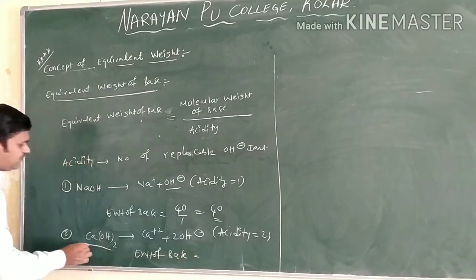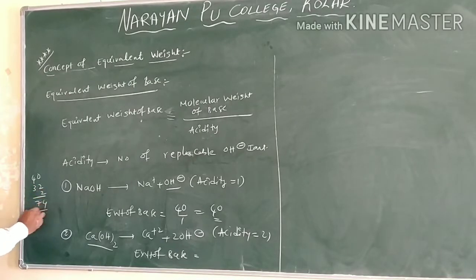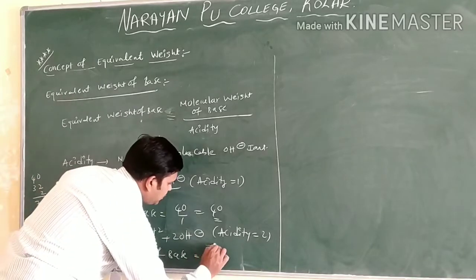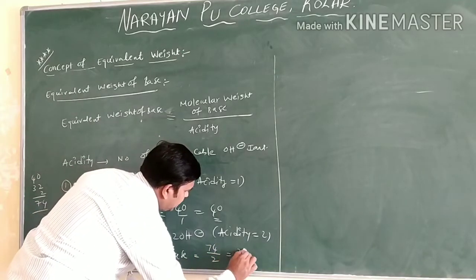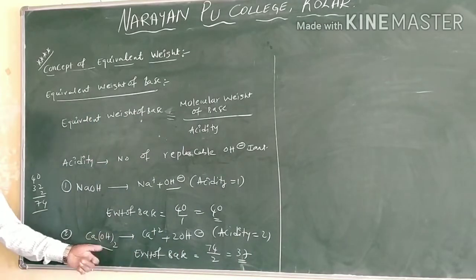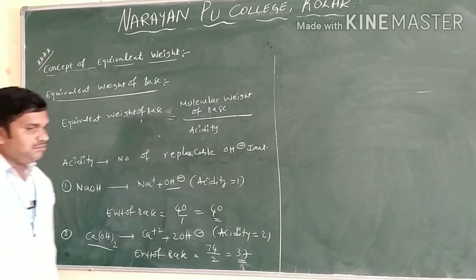What is the molecular weight of calcium hydroxide? Calcium we have 40 and 2 oxygens, 2 oxygens means 32, and 2 hydrogens, 2. That is 74 only. What is the acidity we have? 2. 74 by 2, you will get 37. This is the equivalent weight of calcium hydroxide only. So in this way we have to find out the equivalent weight of the bases only.